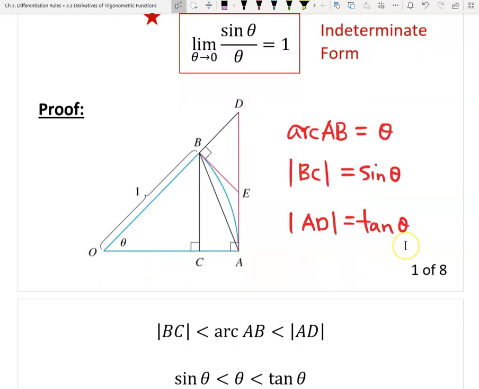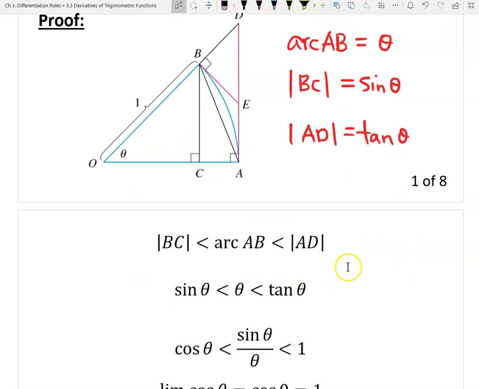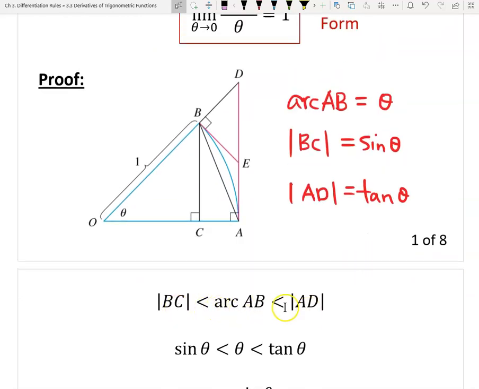Now we move to this step. First, we can see the relationship between arc AB and BC and AD. Arc AB is controlled by BC and AD. Why? Let's look at the left. Arc AB is greater than BC. That's true, because BC is the shortest distance from the point B to OA, right?